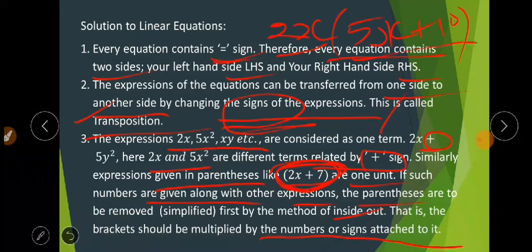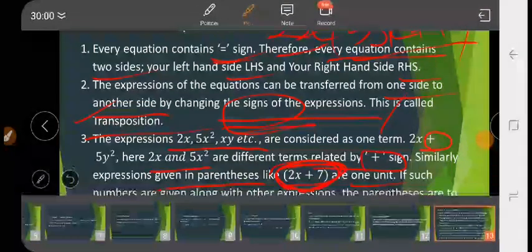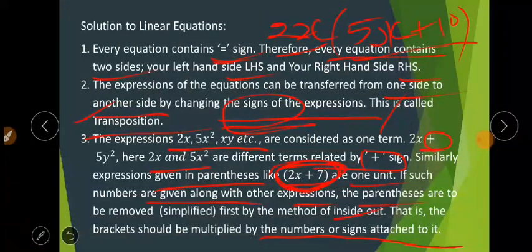To make this a single unit, we multiply 2x with the numbers within the bracket. That time it will become 2 into 5 is 10, x into x is x square, plus 2 into 10 is 20, x as it is. So we are making these two different sets into one single term.